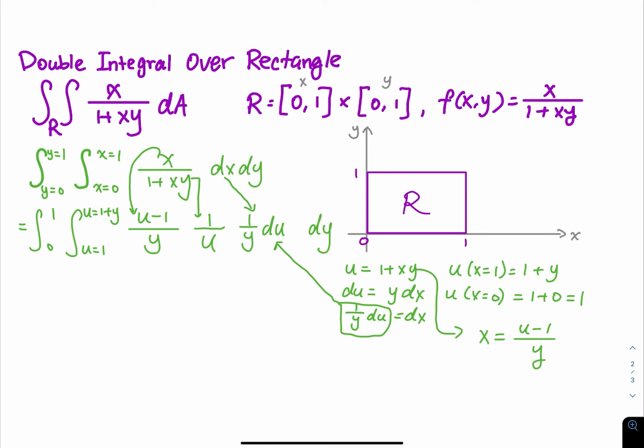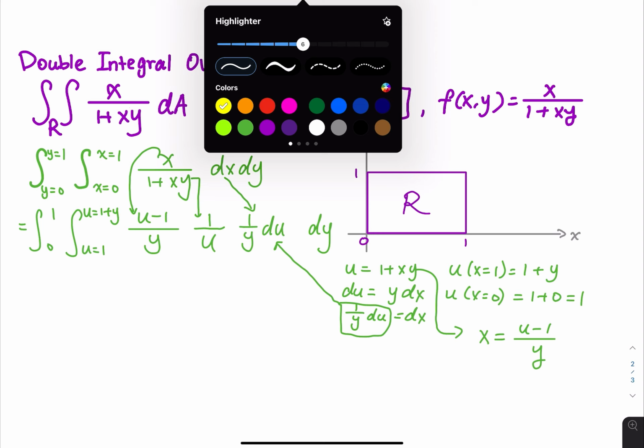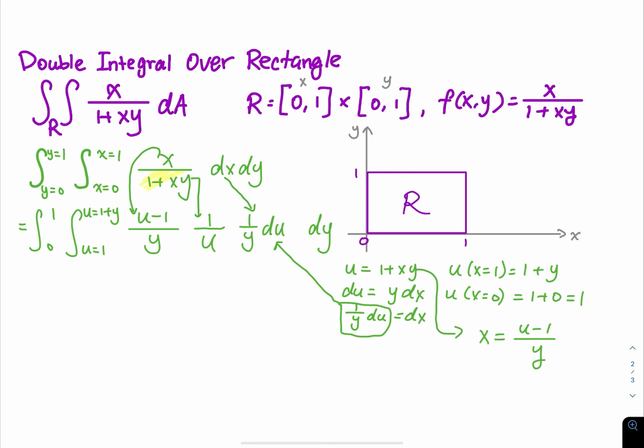Let's highlight that a little bit. This whole thing comes from here: 1 plus xy equals u. That should help you follow. Can we reduce something?